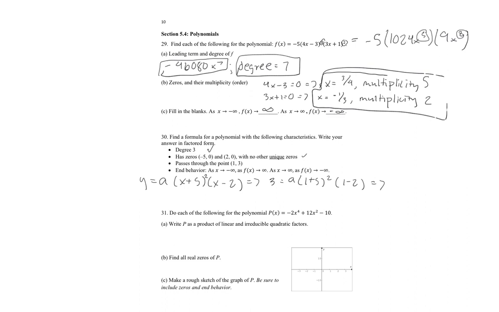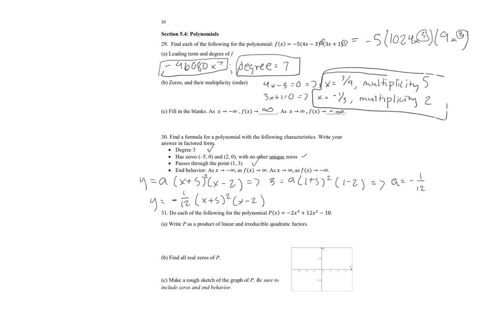That gives us an a of negative 1/12. And so now we pass through the point (1, 3), so our formula becomes negative 1/12 times x plus 5 squared times x minus 2.